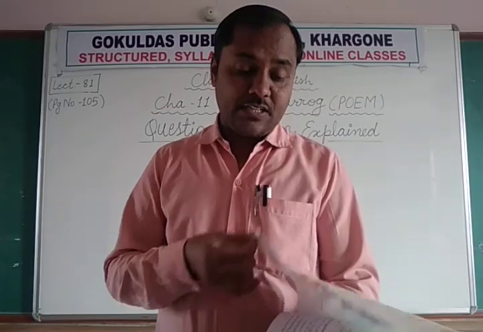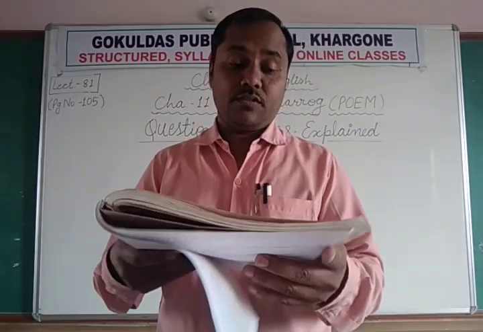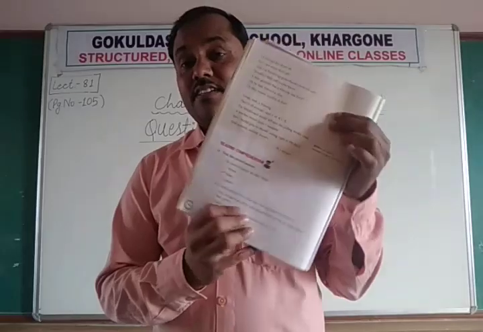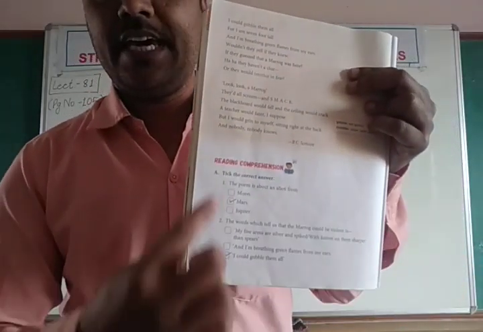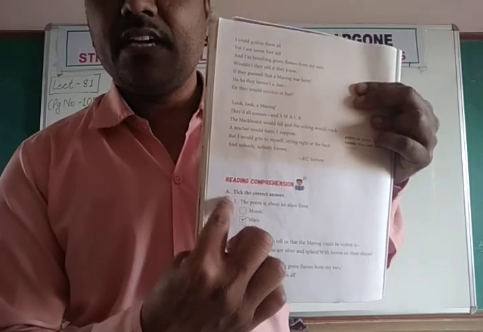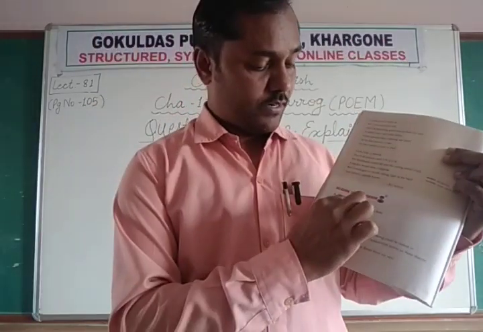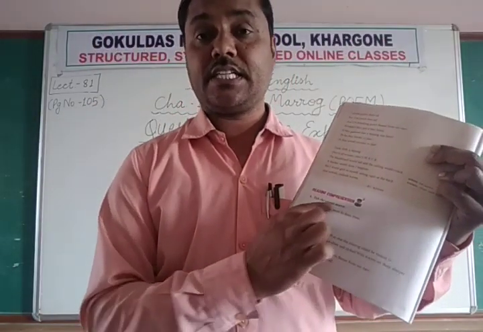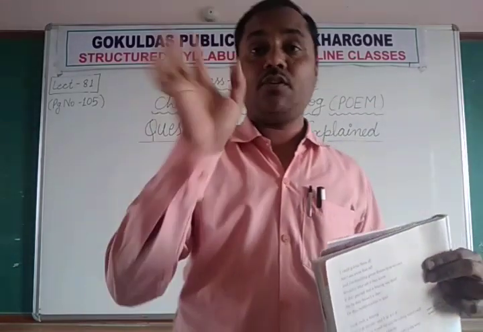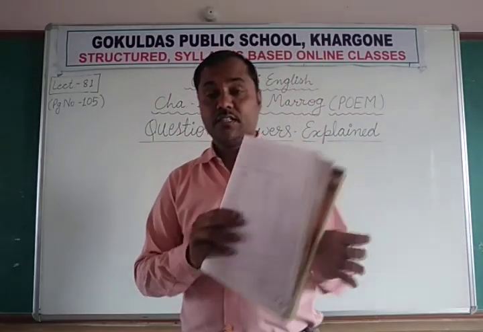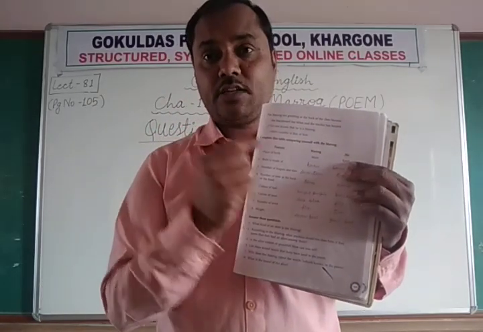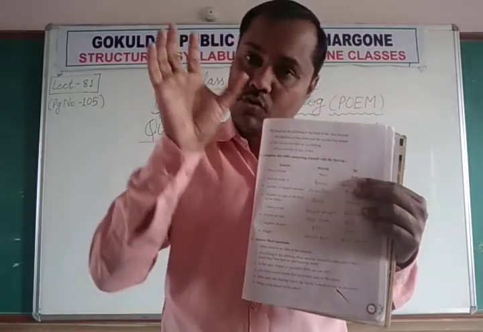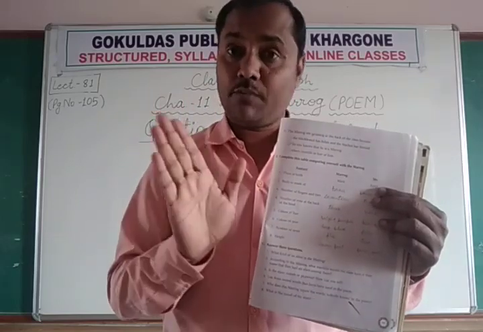Now after that, you need to note down the question answers which we have already solved. Exercise A, tick the correct answer: you need to note it down in your CW notebook. On the next page, 1, 2 and 3, tick the correct answers, and note them down in your CW notebook.